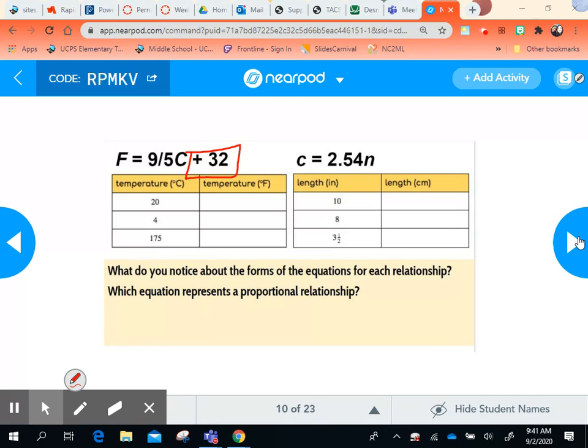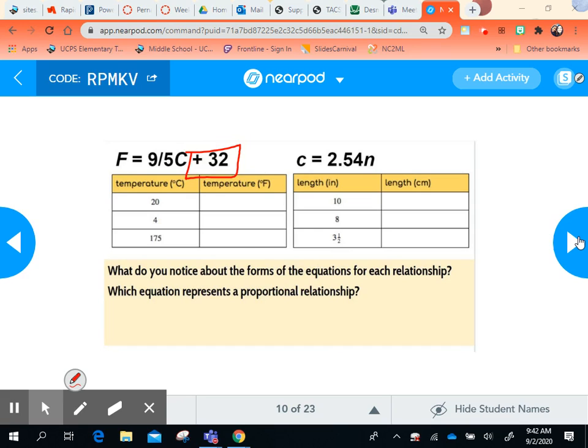Now, for our second question, which represents a proportional relationship? We know that when we work out this equation, y equals kx, it's going to be proportional, right? So if we're looking at these two equations, which one do you think is going to be proportional? The first one or the second one? Or maybe both? Or neither?